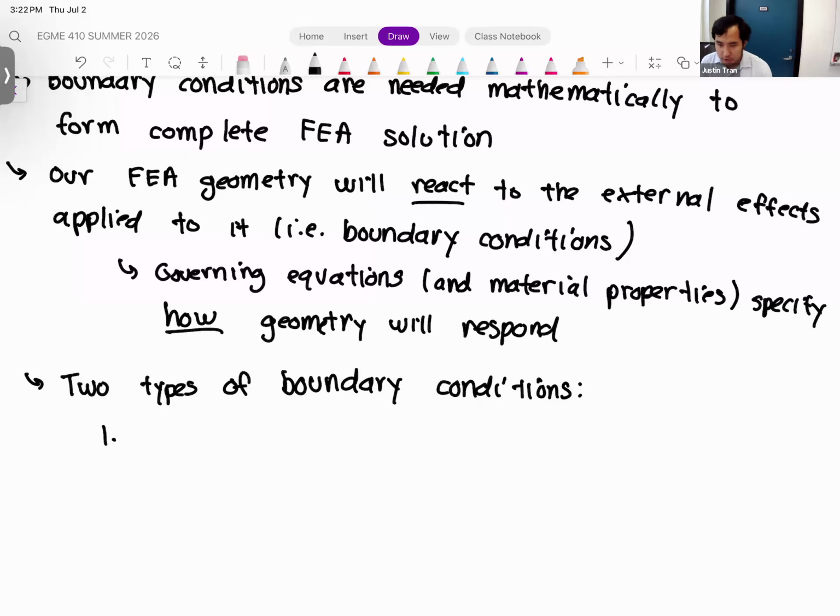The first type of boundary condition that I think about are what I call constraint type boundary conditions. The other type that you are most likely to see are load type boundary conditions.